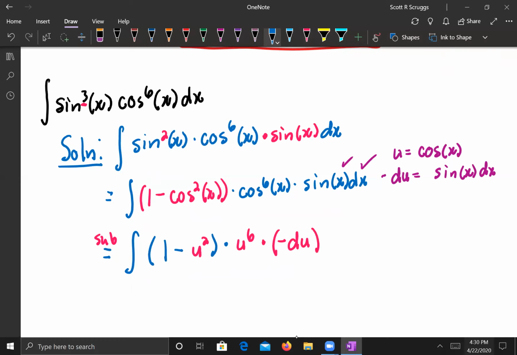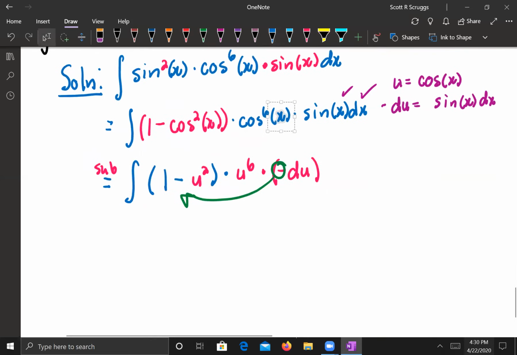I could factor that negative sign up to the front, but what I'm going to do is distribute that negative sign to that 1 minus u squared to give me the integral of u squared minus 1 times u to the 6 times du.